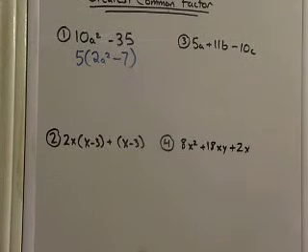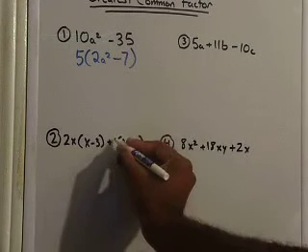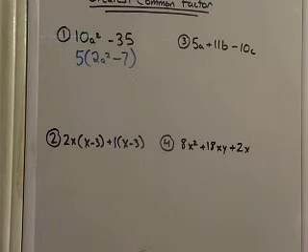Look at number 2. We have 2x times x minus 3 plus an x minus 3. You see how there's no coefficient there? So you can write a 1 there, because 1 times anything is itself.